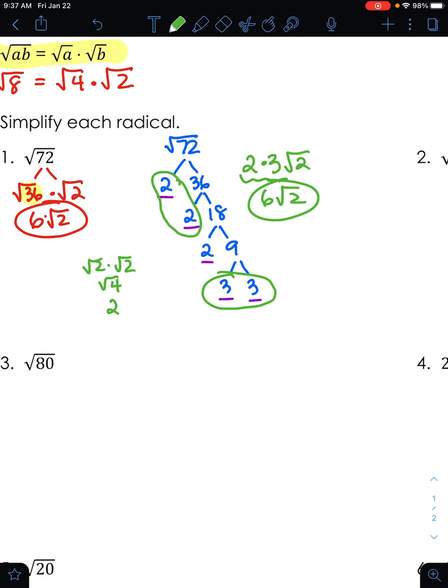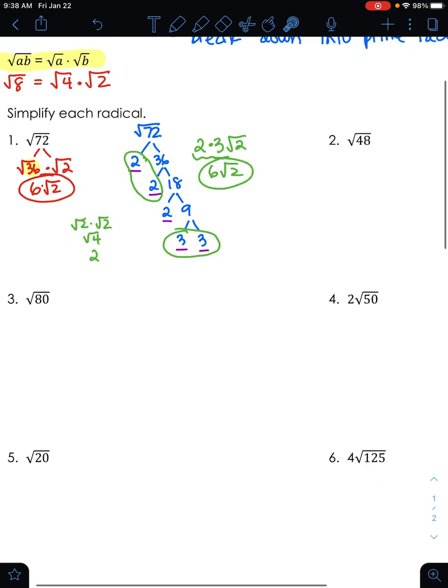I find students sometimes don't know their perfect squares very easily, and you spend a lot of time typing into your calculator trying to figure that out. If you break it down by factor tree and look for pairs of numbers, that becomes a single 2 on the outside, because really it's the square root of 2 times the square root of 2, which is the square root of 4, which in essence is a 2.